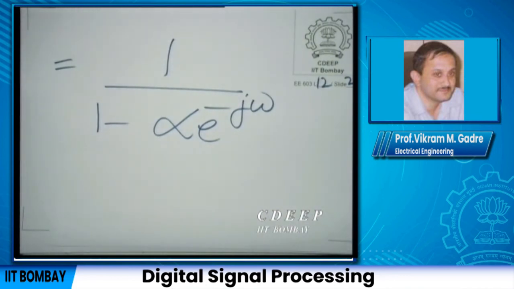So, this is the discrete time Fourier transform of a one-sided exponential.